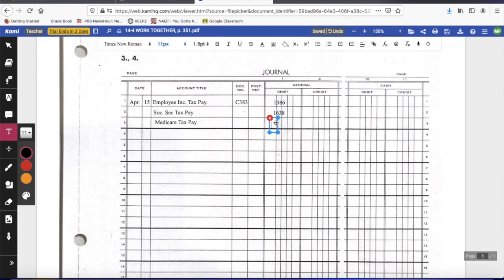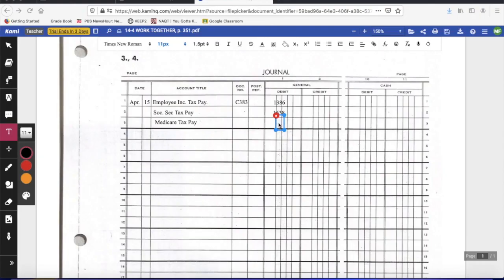And then your Medicare tax payable, in the book it says $189, so you take $189 times 2. That gives you $378.